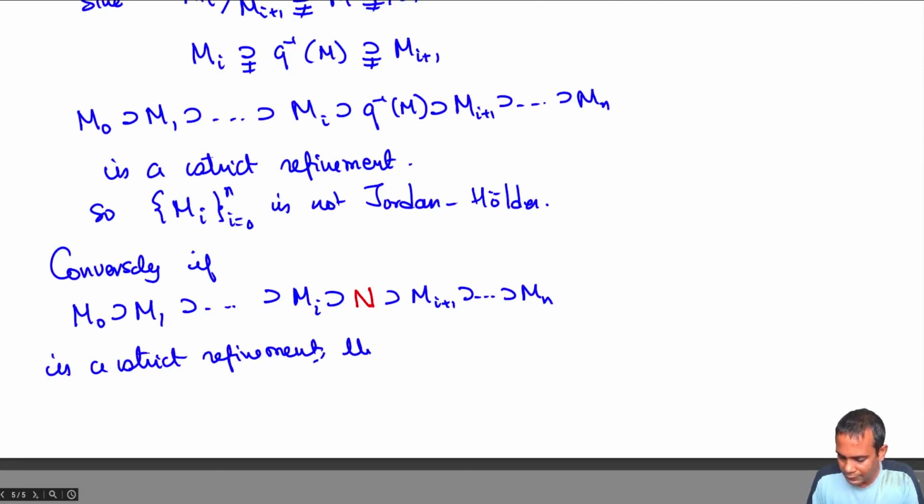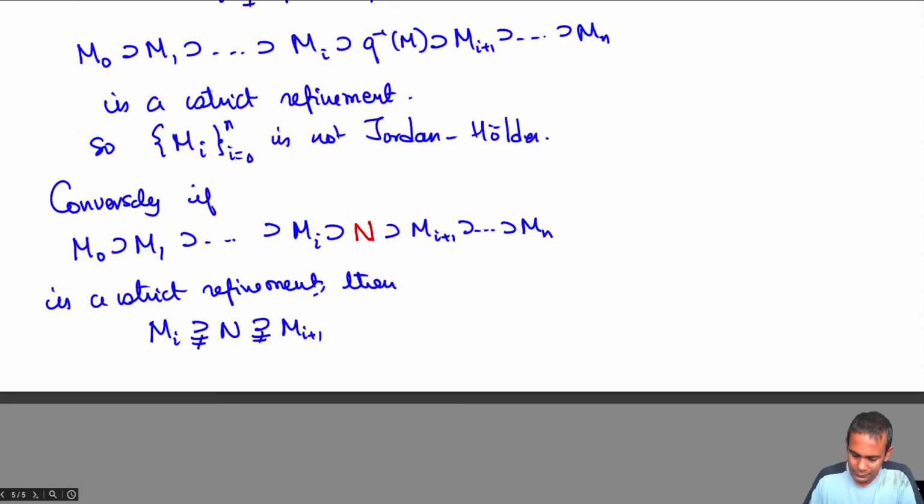When I say strict refinement, I need to be a little careful. There is a term in this series which is not one of the terms in the other series. So what that means is that this N is neither equal to Mi nor equal to Mi plus 1. So what we have is Mi strictly contains N, which strictly contains Mi plus 1.